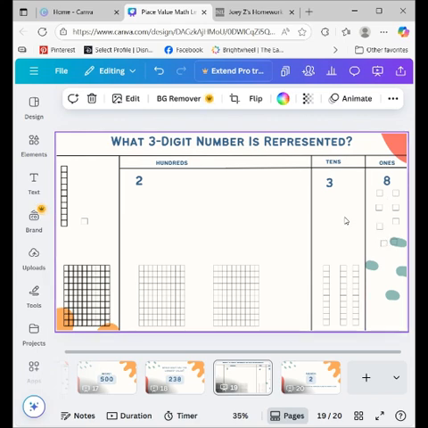So we have to think about it this way. Is number 8 bigger than 30? Or is number 8 bigger than 200? So now we have these visuals to help us understand which one's largest.